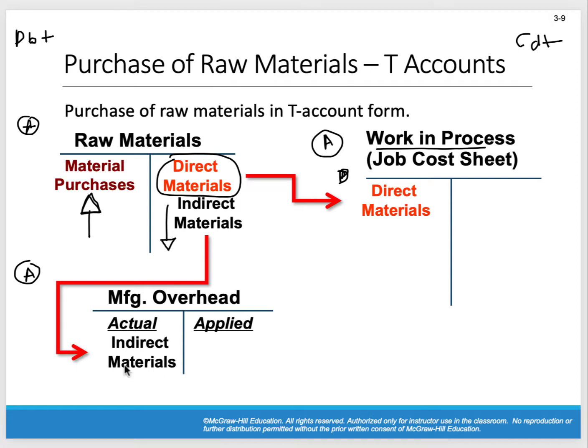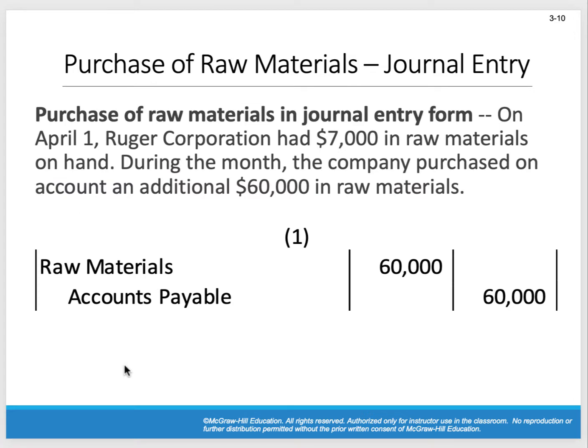Okay, what does that look like in journal entry form? Well, that's easy. They tell us that on April 1st, Ruger had 7 grand in raw materials on hand. During the month, the company purchased on account an additional 60,000 in raw materials.